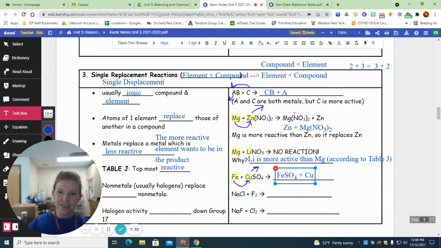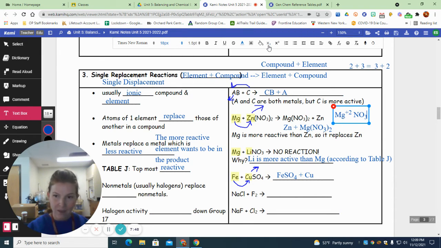So like going back to this MgNO3 2, how did I get that formula? Well, I took my magnesium, which has a +2 charge, and I combined it with nitrate, which is NO3, but that ion has a -1 charge. So when I cross and drop, that's how I wound up with MgNO3 2.